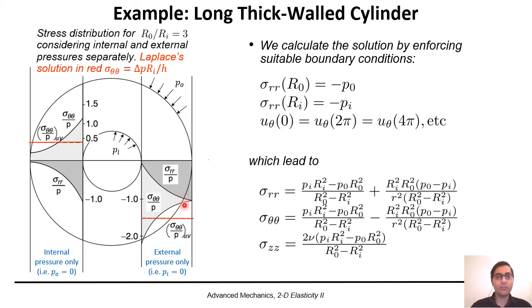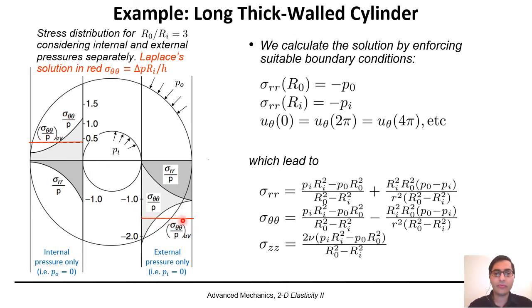The other thing to pay attention to is the Laplace solution. You see that the Laplace solution doesn't predict any variation in the stress along the radius. And it's equal to the average of the circumferential stress calculated from our Airy stress function.